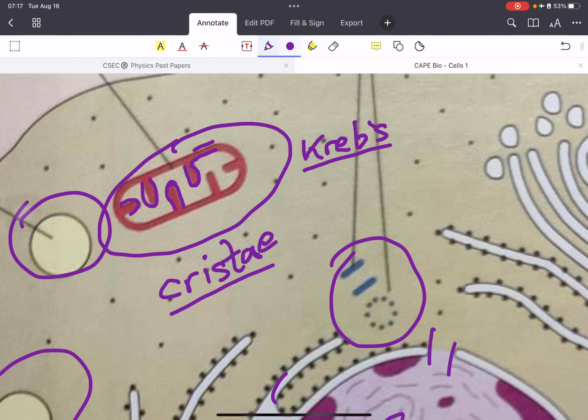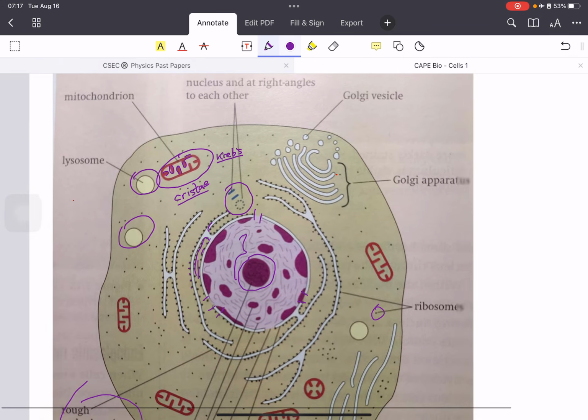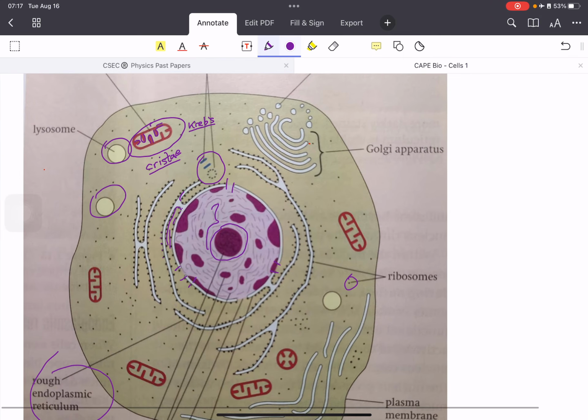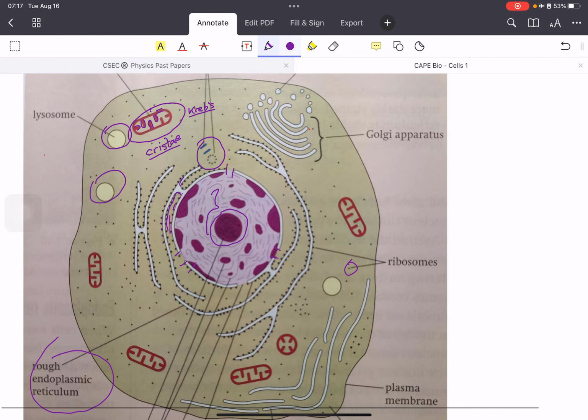Now, the last thing in the animal cell that we need to learn about, we want to go into a little bit more detail on the ribosomes. We said the ribosomes make proteins, but there are actually two types of ribosomes, 70S and 80S.